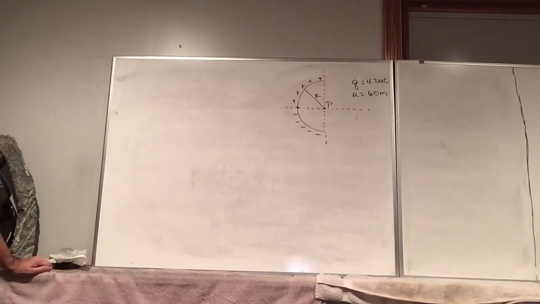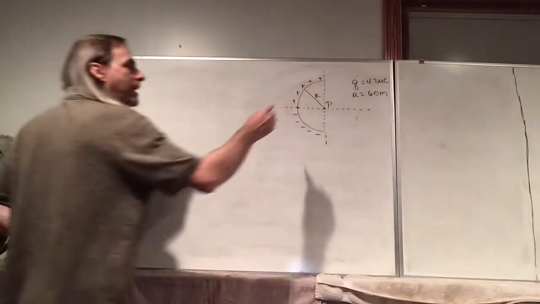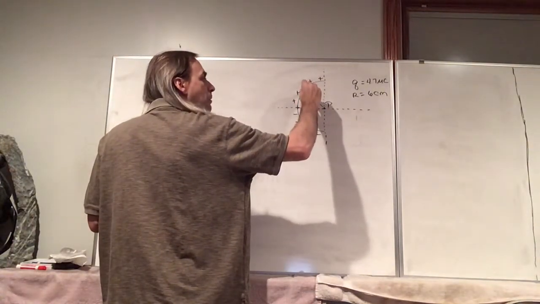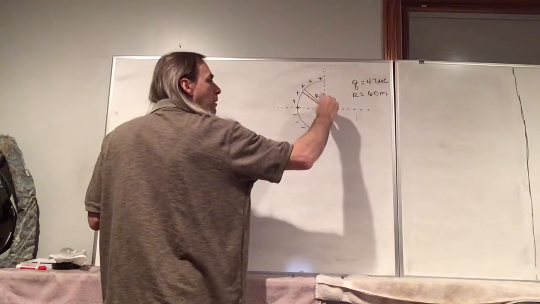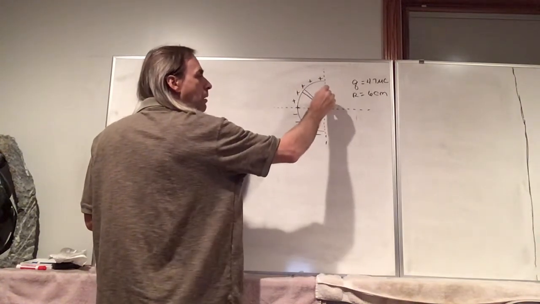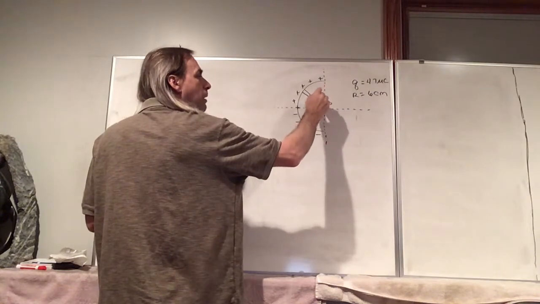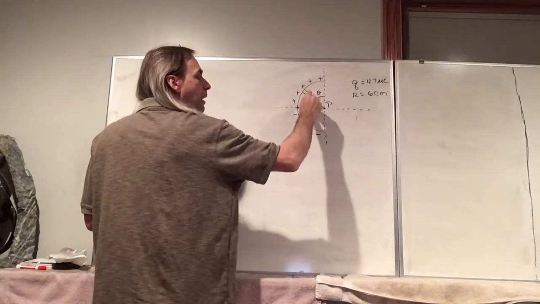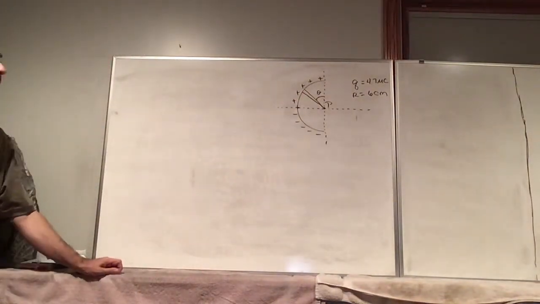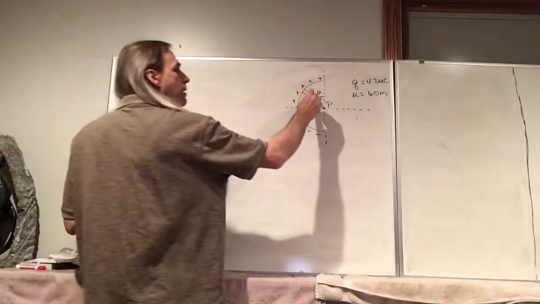So let's look at a little piece here that makes an angle. Let's say this angle here is theta, and we have this circular wedge here with a thickness d theta.